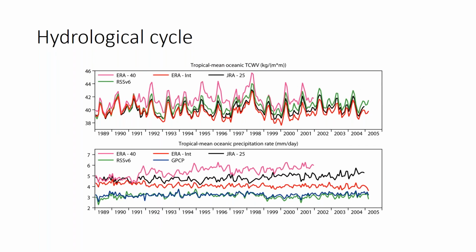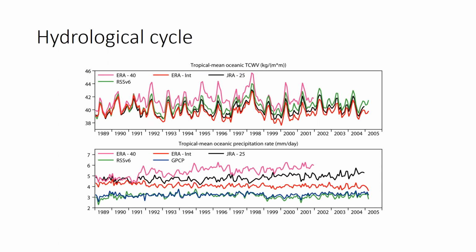The hydrological cycle is even more challenging. This is another plot that shows different reanalyses compared to observation data sets, RSS and GPCP, which are at the bottom there. This is for the tropics, total column water vapor and ocean precipitation rates.